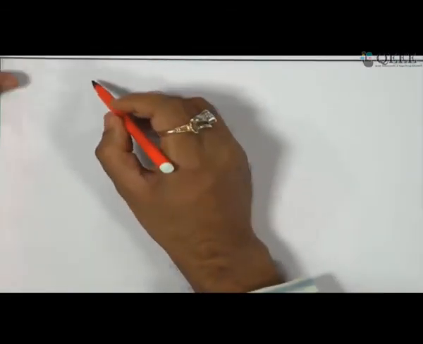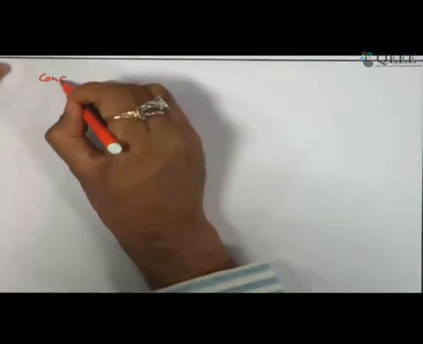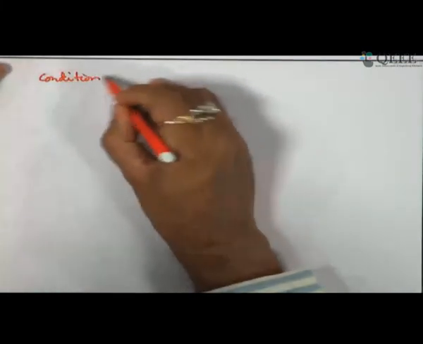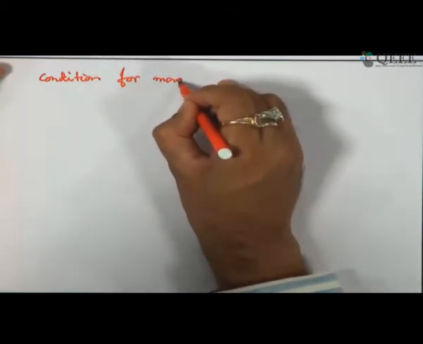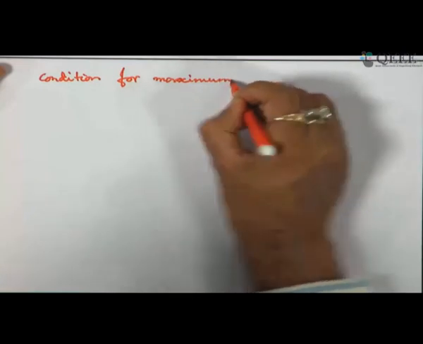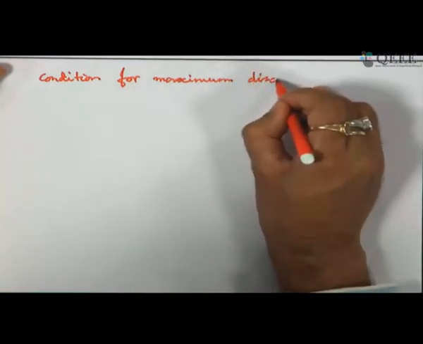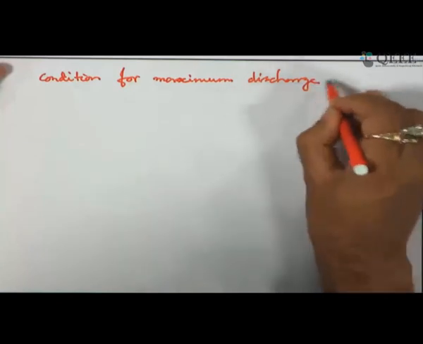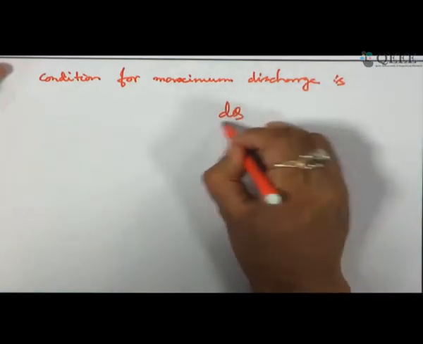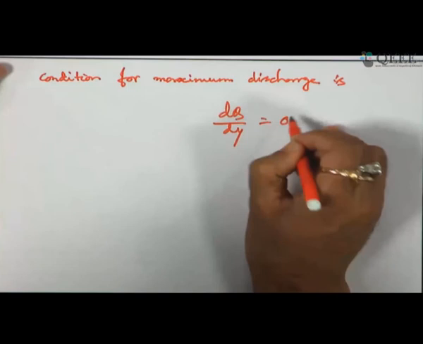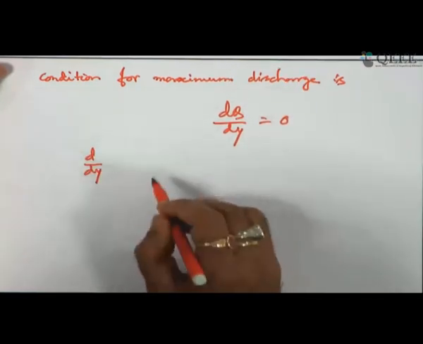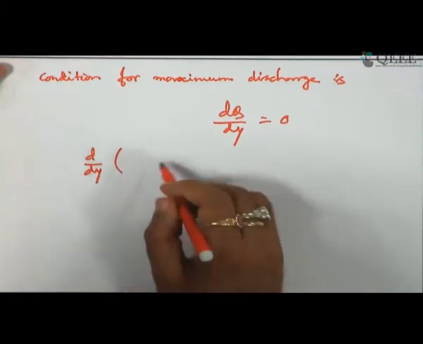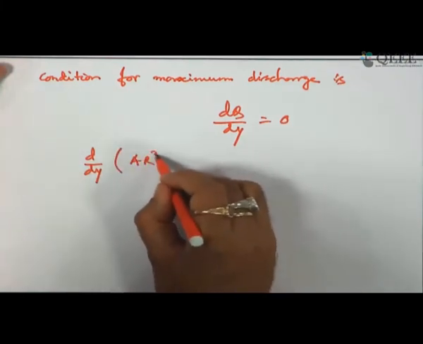So, the condition for maximum discharge is dQ by dy equal to 0, or d by dy of A R to the power 2/3, which we can represent as A to the power 5/3 P to the power 2/3, equal to 0.